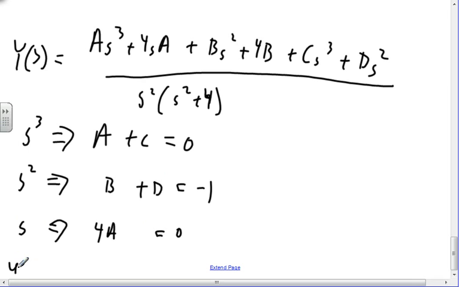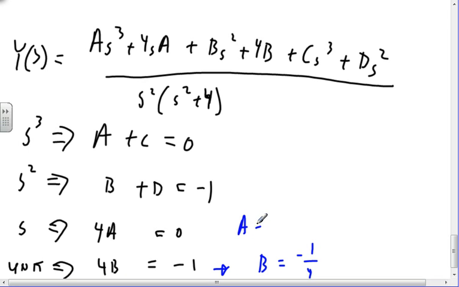I'm going to look at the unit term, and I'm going to see that 4B is equal to minus 1. Okay, and this is going to imply that B is minus 1/4, A is 0, C is 0, and D is, if B is minus 1/4, minus 3/4.